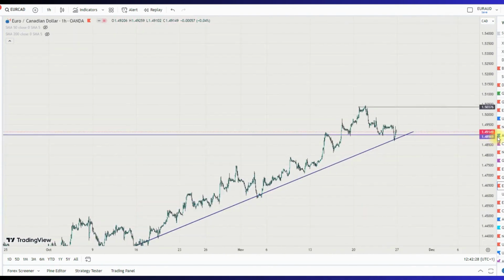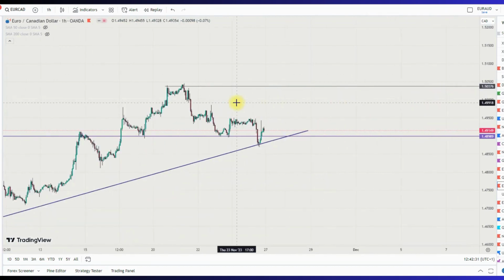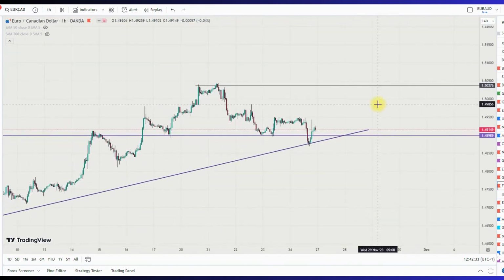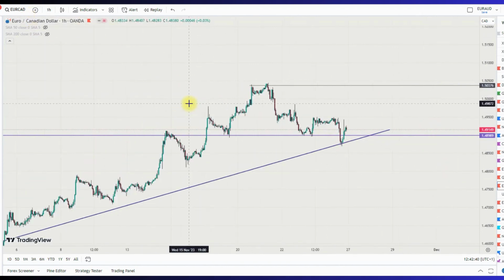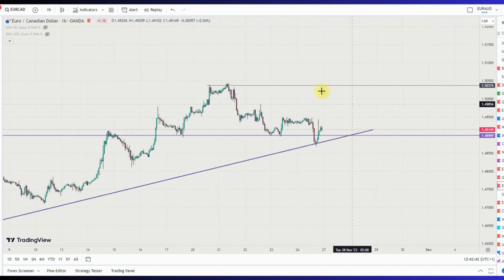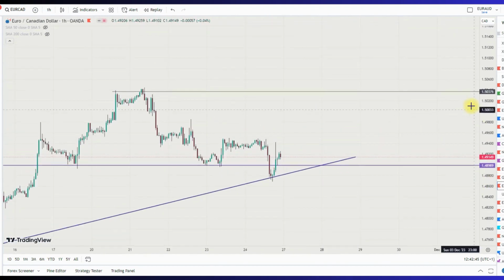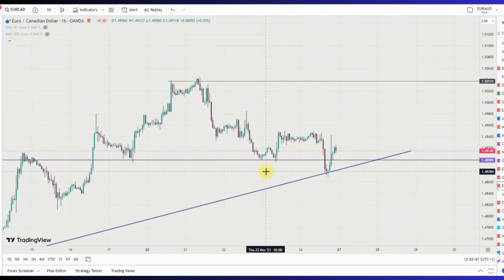I'm still on buy bias because price still closes above 1.48989. If you're familiar with Euro Canadian dollar moves, it will first come to your stop loss area before it actually moves your way. Sometimes it does that.